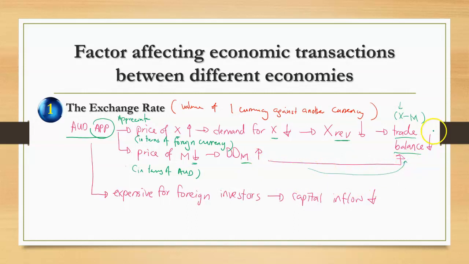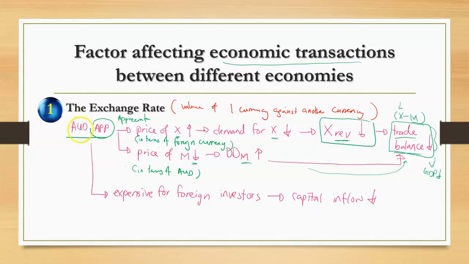And a lower trade balance would cause our GDP to go down. But we don't really need that. For this particular subtopic, we only need to end here, or even if you end here, it's fine. You don't have to end at GDP because it's talking about economic transactions, not really how they affect the Australian economy, but the transactions between economies, as mentioned.